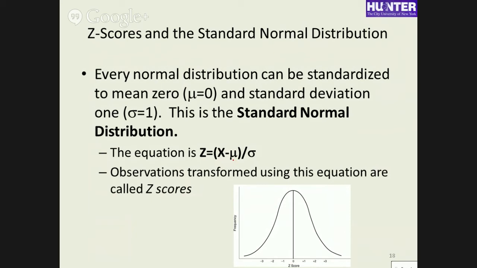Well, I use mu to be population values. In this case, I'm talking about the women's heights, where we know what it is for the entire population. X is the random variable that we measure.